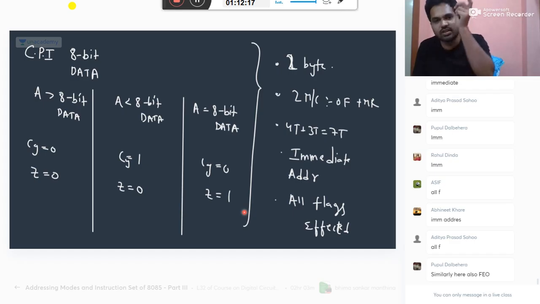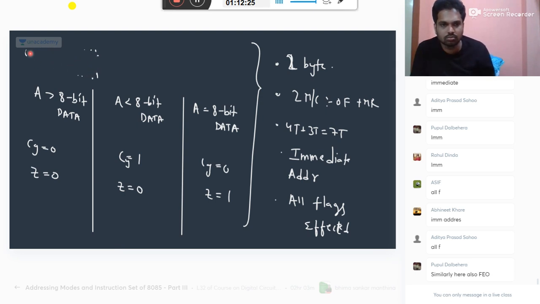So compare R. Why are not all flags affected? Because subtraction is taking place. Because of subtraction, your result changes. The result will not be stored, but according to the result, flags will be affected. But this will give you significant results. The remaining will be affected, but it is of no use for us. So compare R is done.